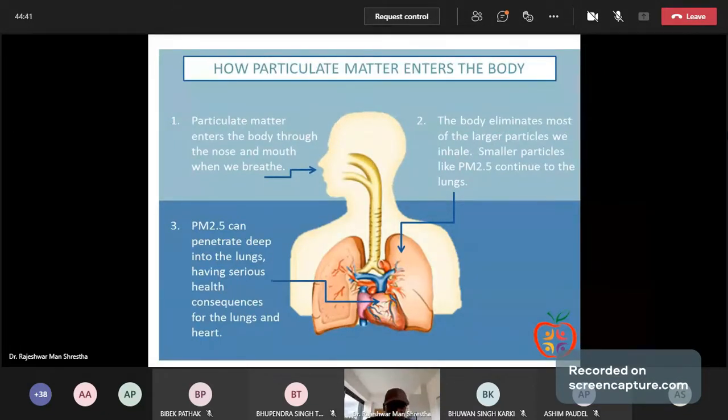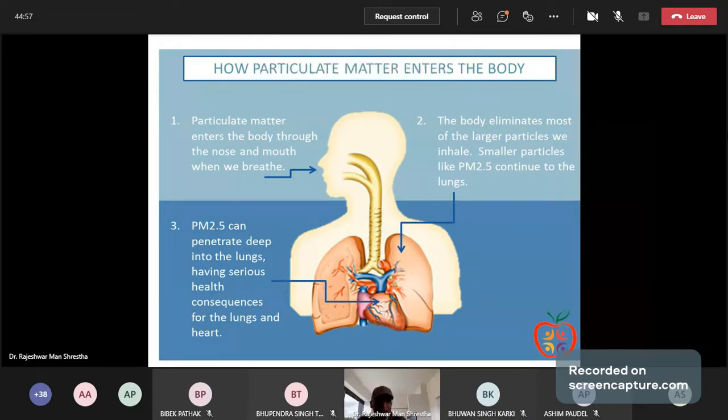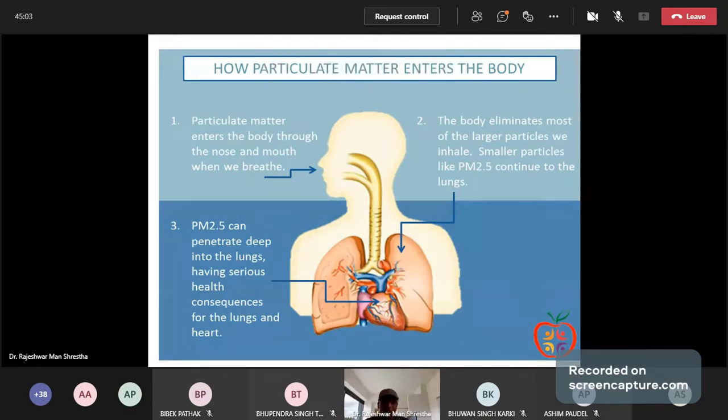It enters through the nose and mouth when we breathe. The body expels most larger particles when we inhale. Smaller particles like PM 2.5 continue to stay in the lungs for a long time. So we have to do regular lung exercise.